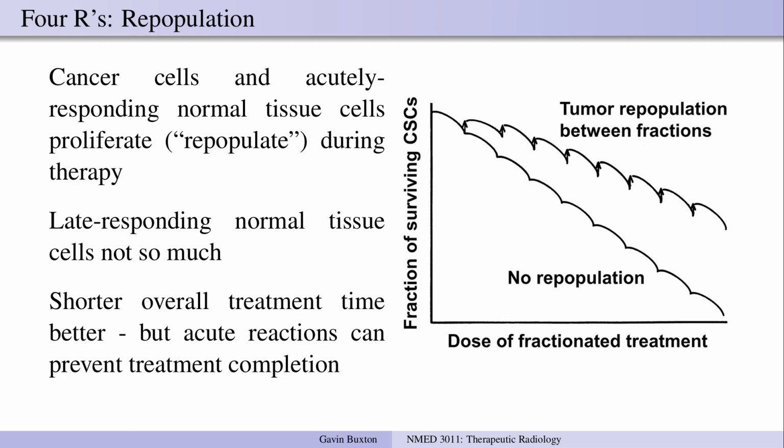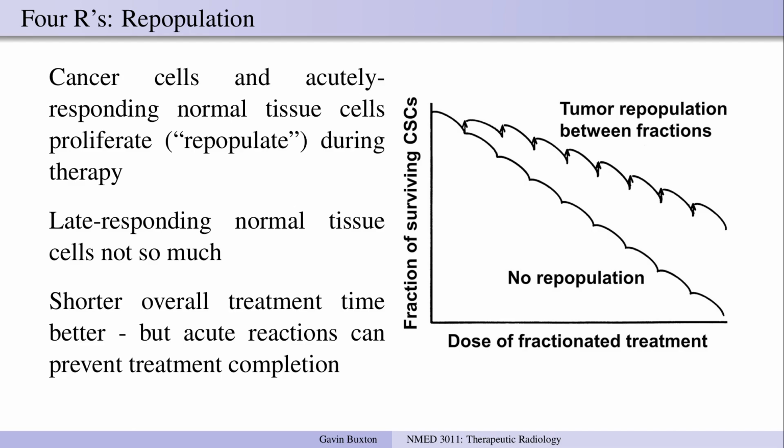But if you treat the cancer too aggressively, if you accelerate the timeline of treatment, then you don't give cells from the acutely responding normal tissue time to repopulate. The side effects can get so bad the patient can't stand the treatment, and giving the patient time to recover allows time for the cancer cells to also repopulate.